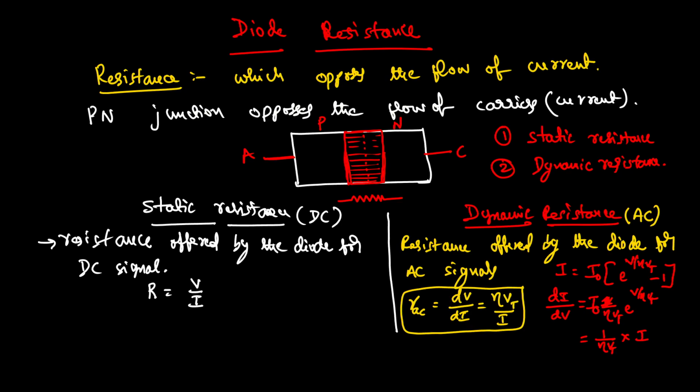If the diode current increases, the dynamic resistance decreases. So dynamic resistance is inversely proportional to the forward current of the PN junction diode.